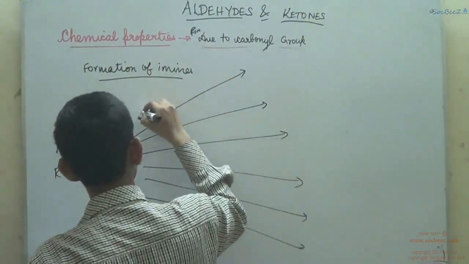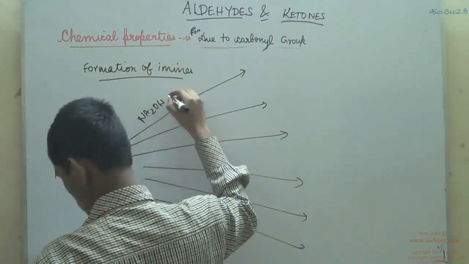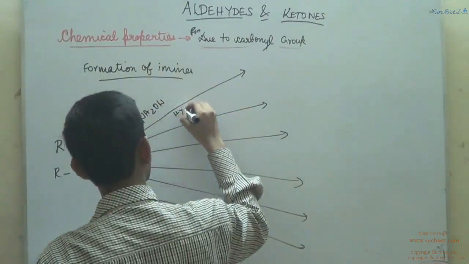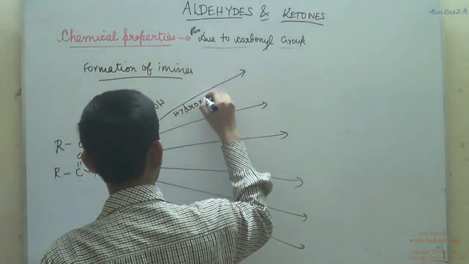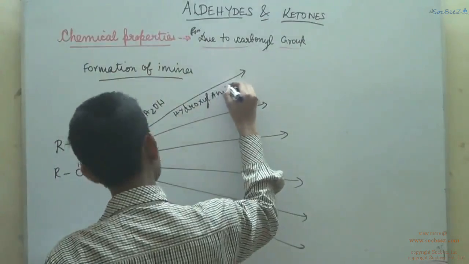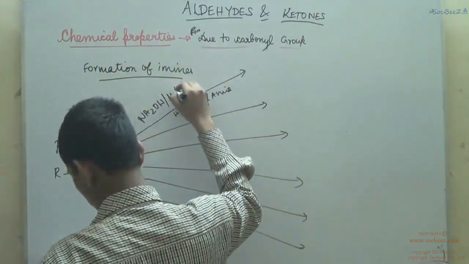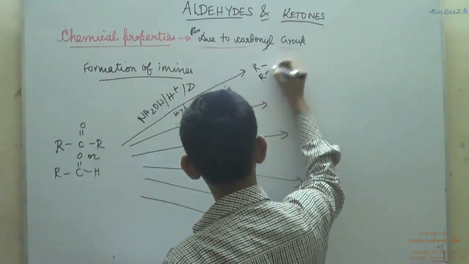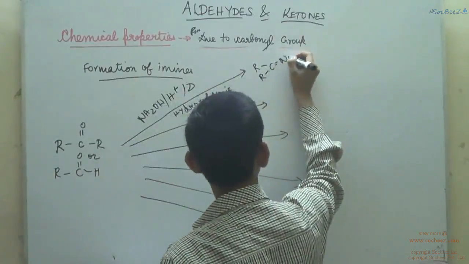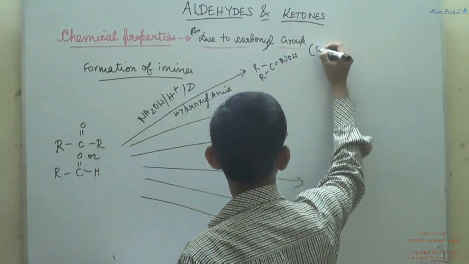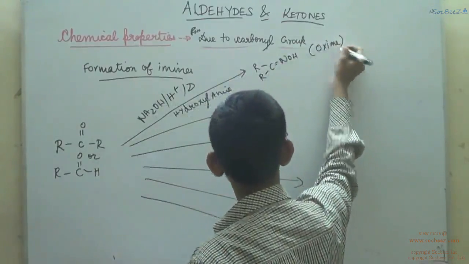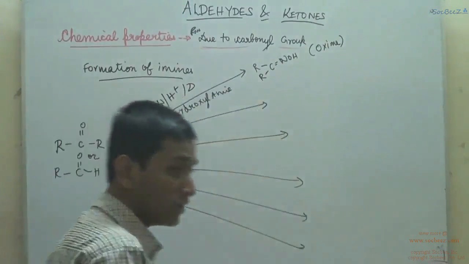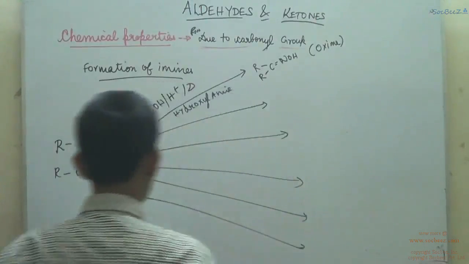First, NH2OH, this is your hydroxylamine. In acidic medium, heat, you will get R... I am mainly drawing for ketone. You can draw for aldehyde later. So this is your oxime, ketoxime or aldoxime.